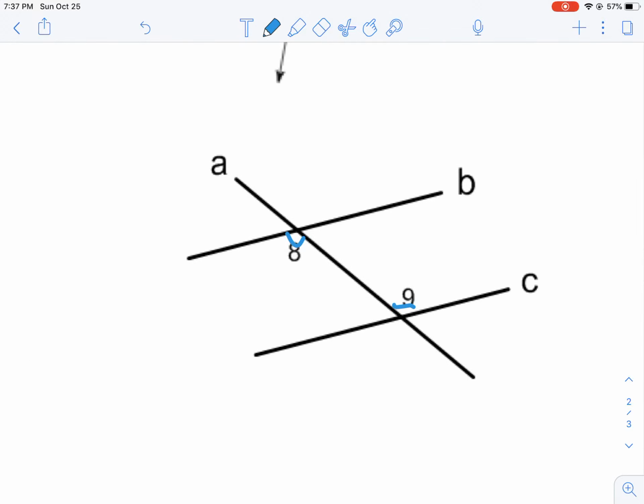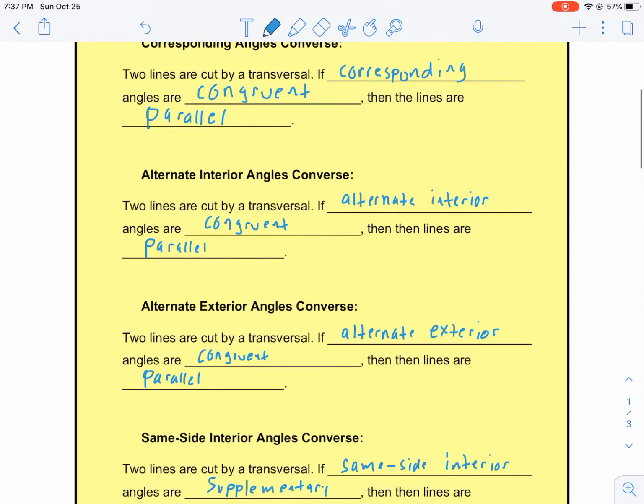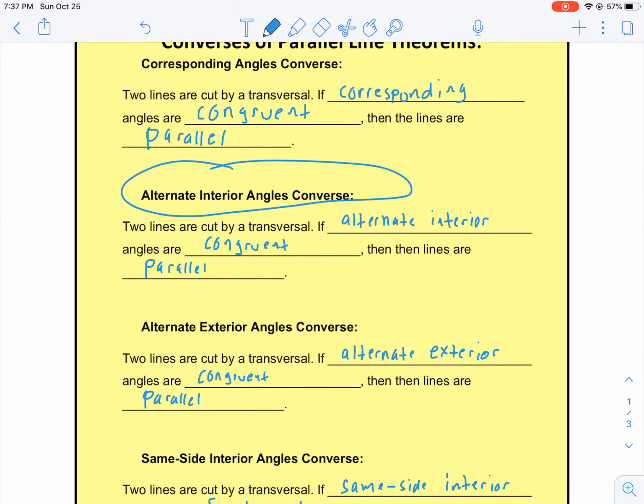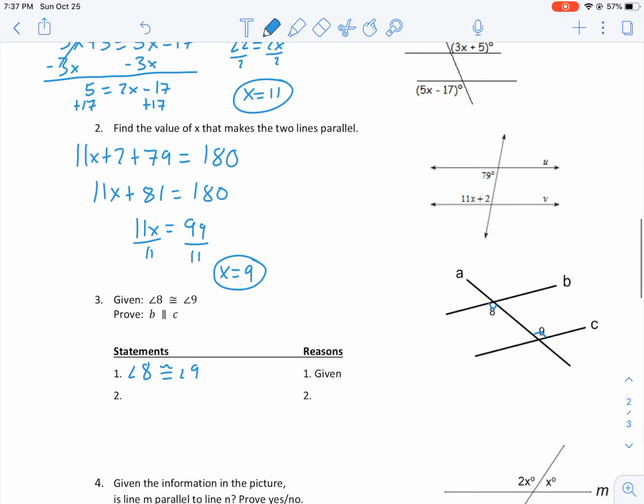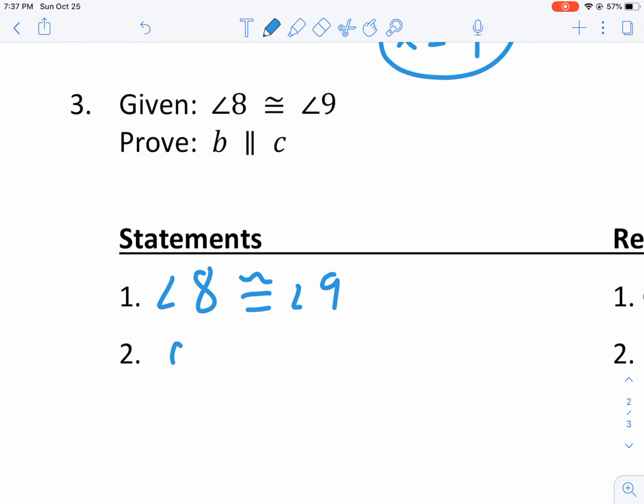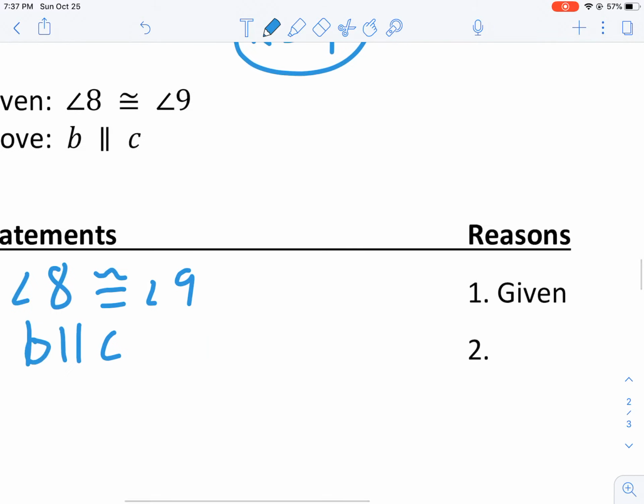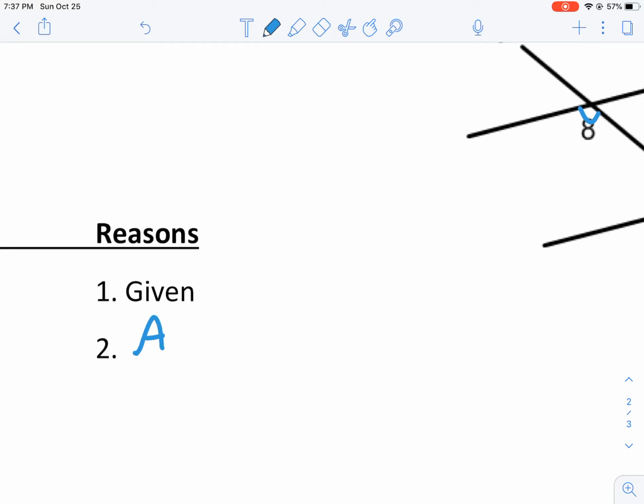You can do this in only one step, because these angles are alternate interior angles. Since we're given that they're congruent, this is where we can use our alternate interior angles converse, which says if alternate interior angles are congruent, then the lines are parallel. So we know that the lines are parallel because of the alternate interior angles converse.